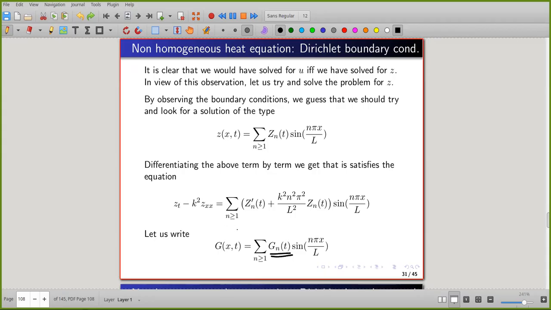In other words, one way to think of it is like this: we can fix a t naught. Once we fix a t naught, then g(x,t naught) is a function of x, and therefore it has a Fourier expansion, some sum of a_n sine(n pi x/L). Then the value of g_n(t naught) is defined to be this a_n.